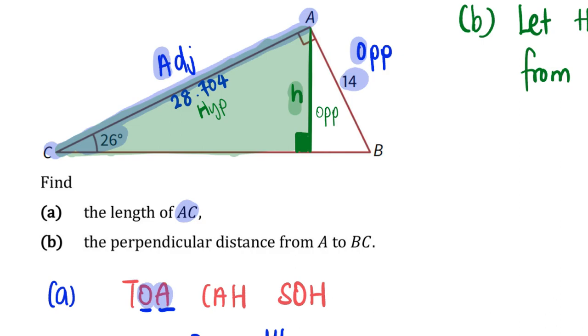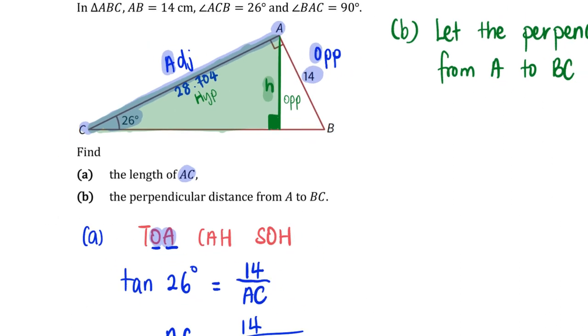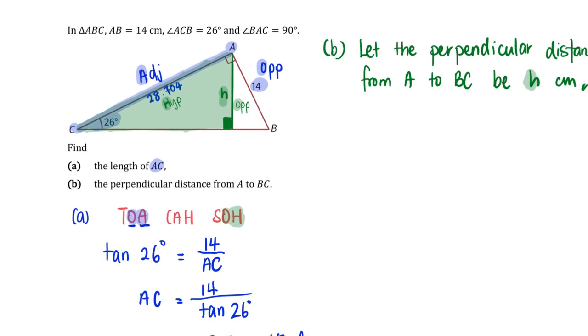Since the right angle now is here, then with O and H, I can tap on sine ratio now to help me solve for H. Opposite over hypo.